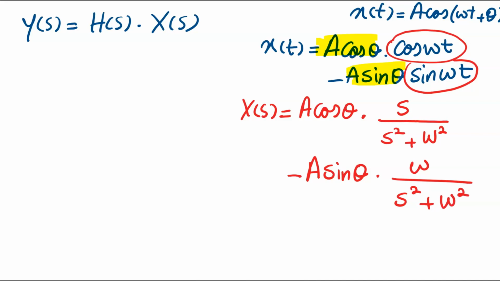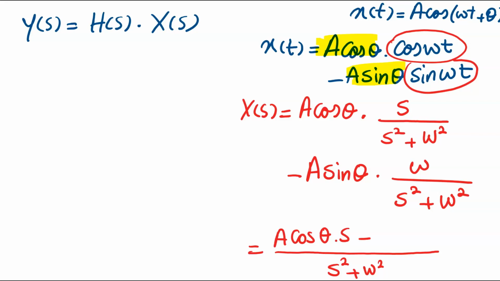I can merge these two because they have the exact same denominator, which is s squared plus omega squared, and on the top I have A cosine of theta multiplied by s minus A sine of theta multiplied by omega.